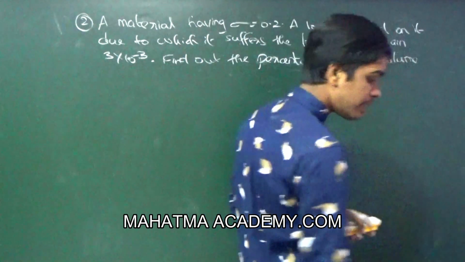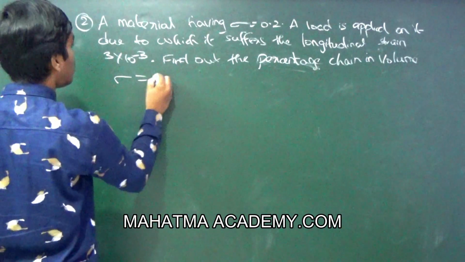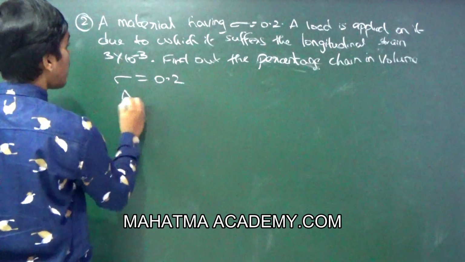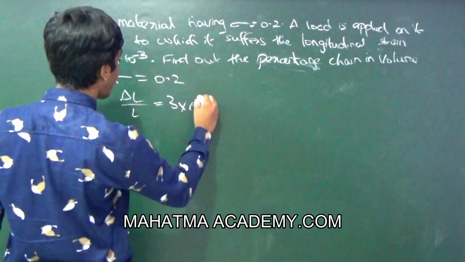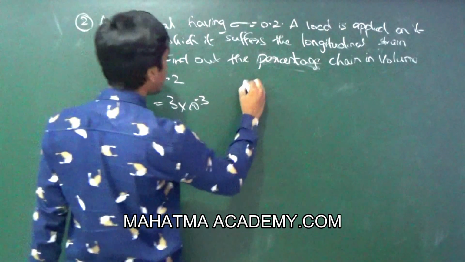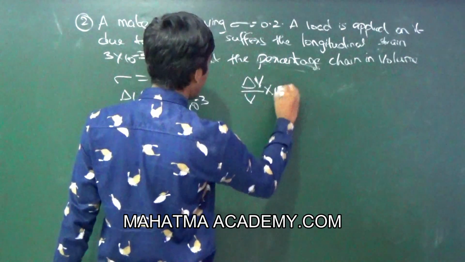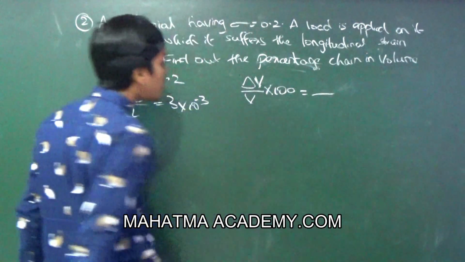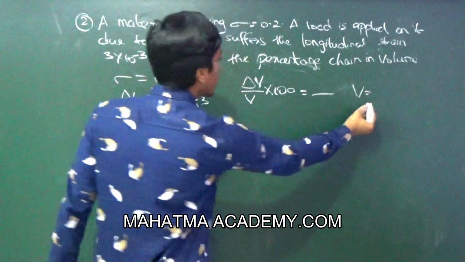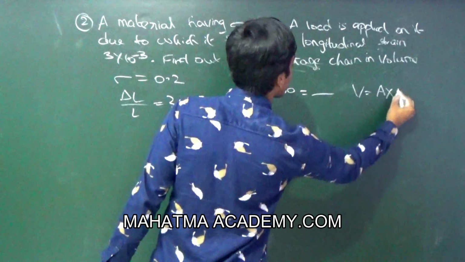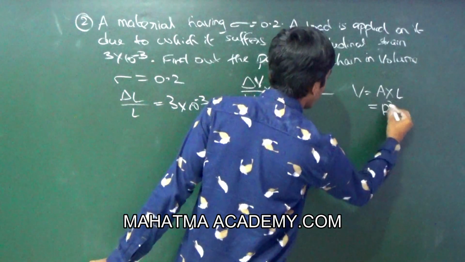Okay, now we will discuss. Here in the question, sigma is equal to 0.2 and delta L by L is equal to 3 into 10 to the power of minus 3, and we want to find out delta V by V into 100. First we know that V is equal to A into L, and area is equal to pi R square.